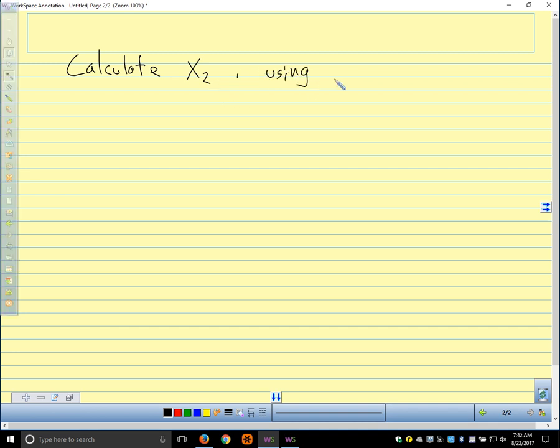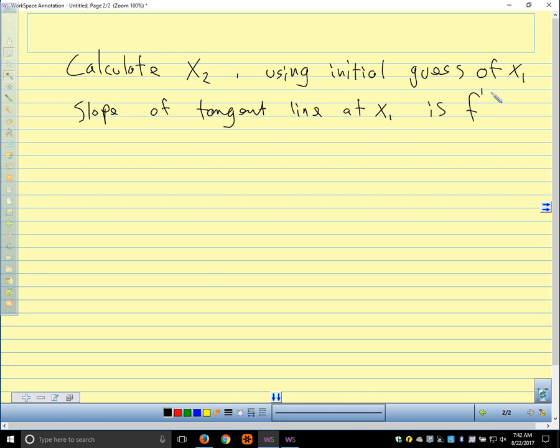So I'm going to say using guess of x1, the slope of the tangent line at x1 is what? Well, how do we find the slope of the tangent line? Derivative. It's going to be f prime at x1. There's our slope.